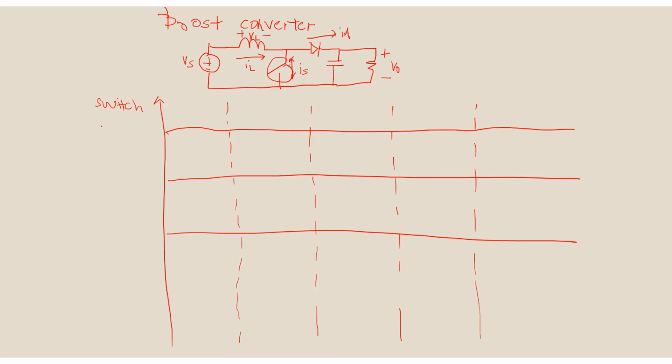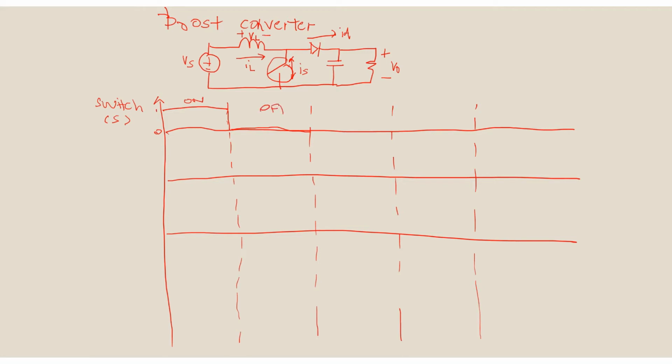Yeah, S. That is the switch. When the switch is on, on is 1. It's always at 1 or 0. Then we have the second mode when the switch is 0, that is off.